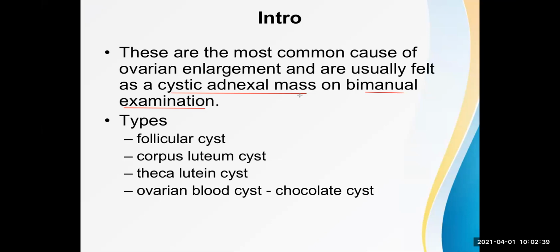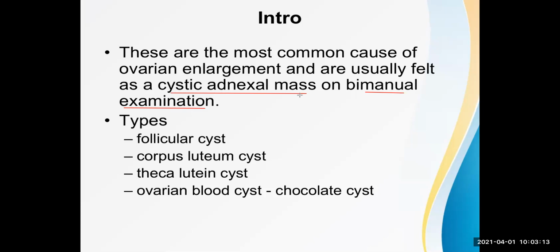And then, what does bimanual examination mean? It's examination with two hands. Yes, you're right. But where we put these hands is what you have to understand. It is the woman's pelvic region only. One hand is inserted into the vagina; this hand is doing per vaginal examination.